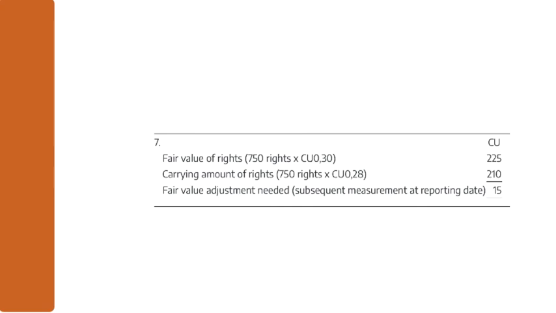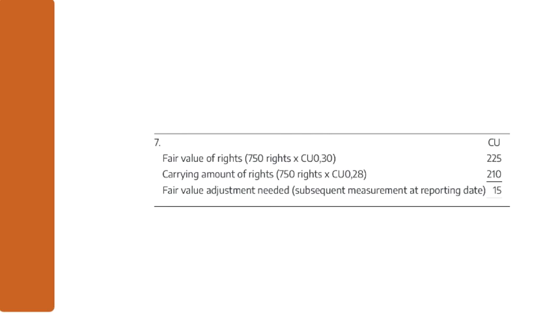How do you do that? You take the fair value of the rights that you have left in your rights account after buying and selling and exercising. How many rights do you have on reporting date? You compare that to the carrying amount of those rights. What is the balance in the investment in rights T account? That balance has to move either upwards or downwards to the fair value. That is a fair value adjustment.